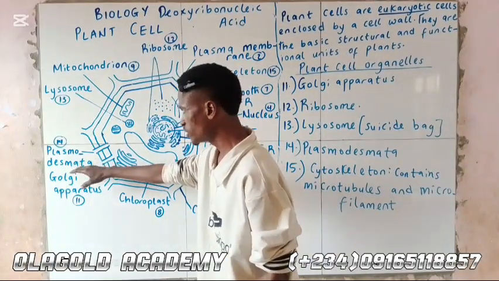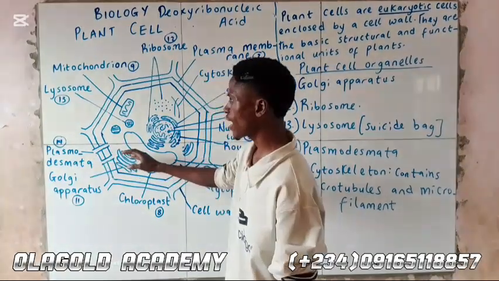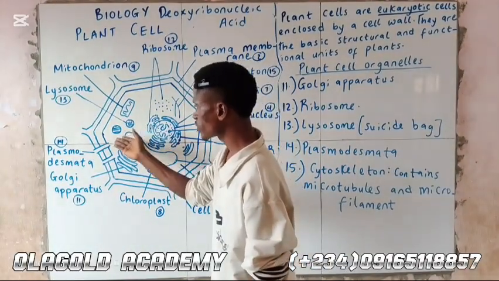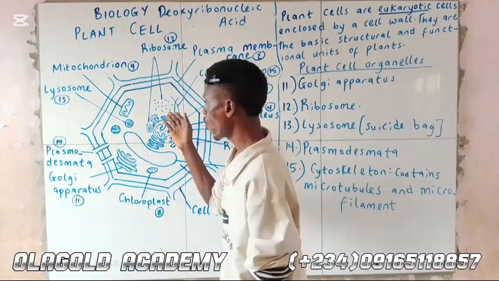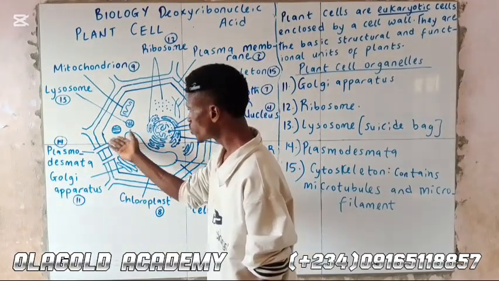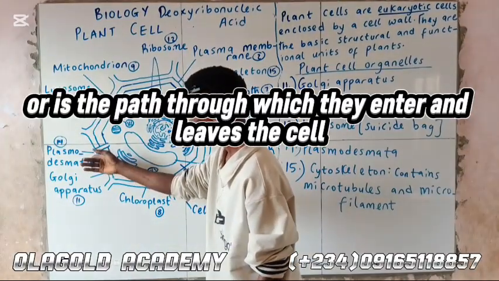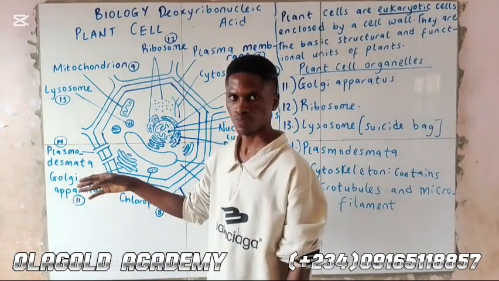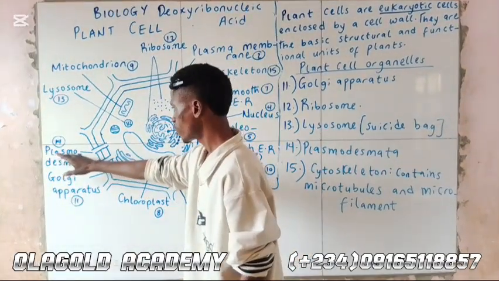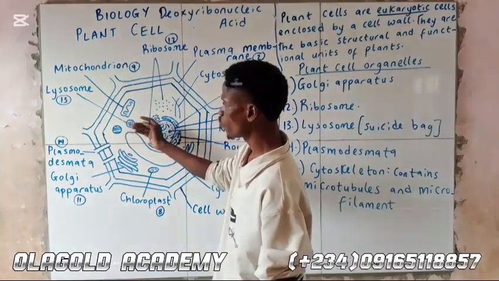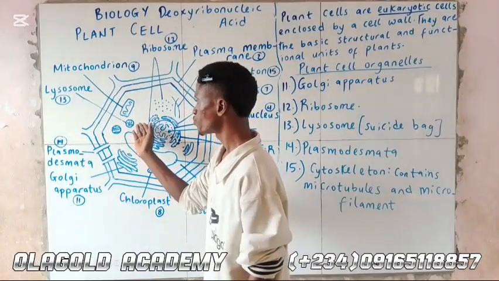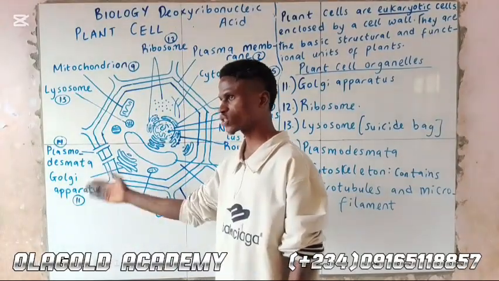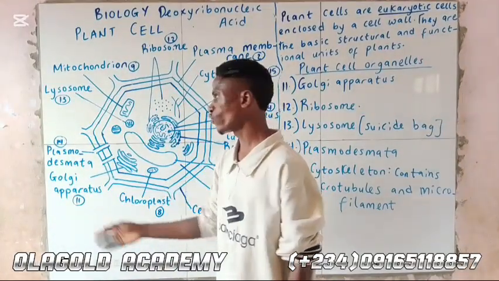This one is the opening that nutrients, carbon dioxide, waste material, and oxygen use to enter the cell and leave the cell.